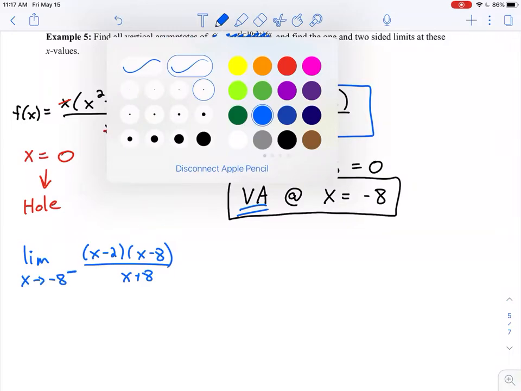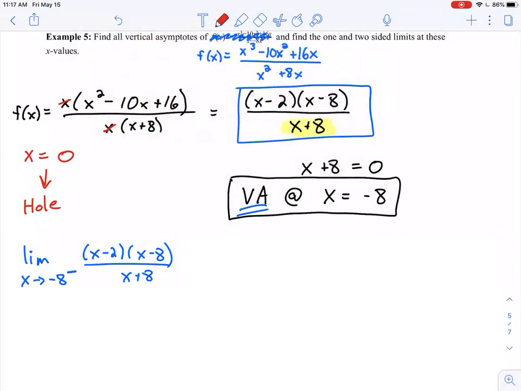Let's do this part in red. So I'm going to choose a number that's close to negative 8 on the left-hand side. And just be careful that we don't get mixed up when we're working with negative numbers here. So here I've got negative 8. If I want a number on the left-hand side, you might think about, say, negative 8.1. So I'm going to pick negative 8.1 and plug that into my function. Just determine, do I have a positive number or do I have a negative number?